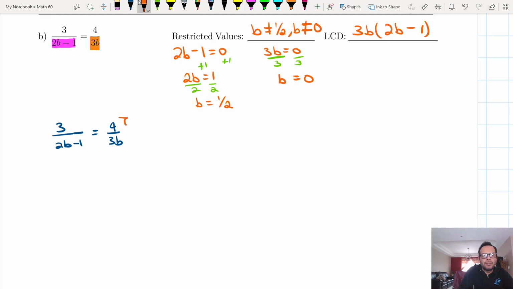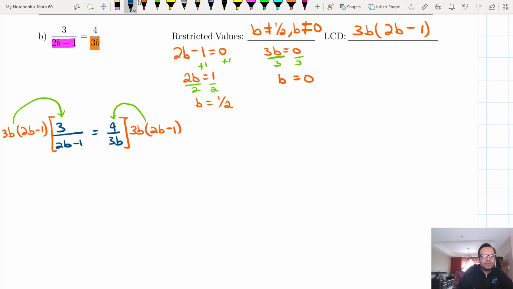Then I'm going to multiply both sides by the LCD, 3b times 2b minus 1, and on the other side as well, 3b times 2b minus 1. So let's distribute that LCD over the first term, and do the same on the right hand side.